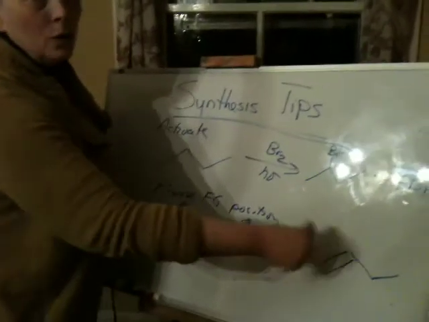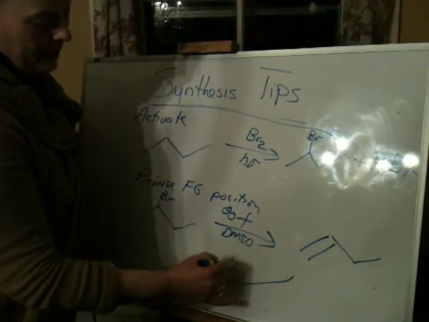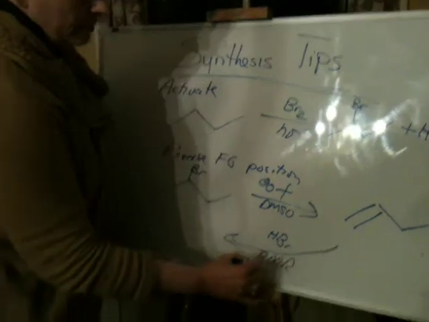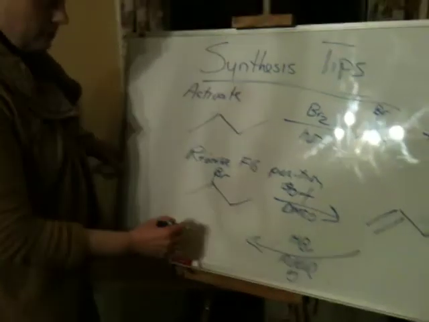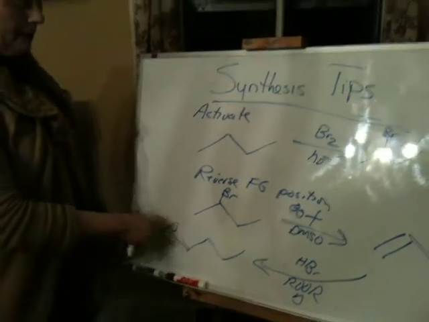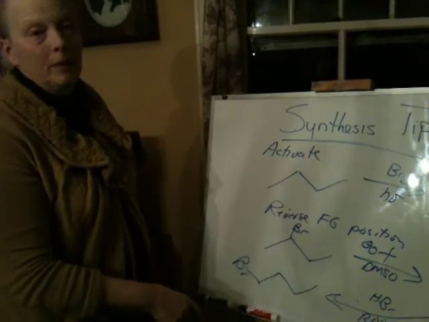If you get the double bond in, a double bond is a great place to switch positions. So to switch positions, for example, I could add HBr and peroxides and a little heat. If I do that, the bromine will be in the other position. And then I'm in a position to substitute things or do whatever I want to that bromine. Okay?